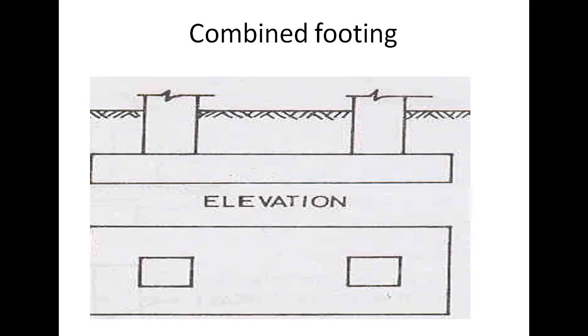By combining it with the interior column, the load is evenly distributed. In this diagram, we can see two columns, and the footings are commonly constructed. By doing like this, the load coming from the superstructure is evenly distributed and the structure will be safe.